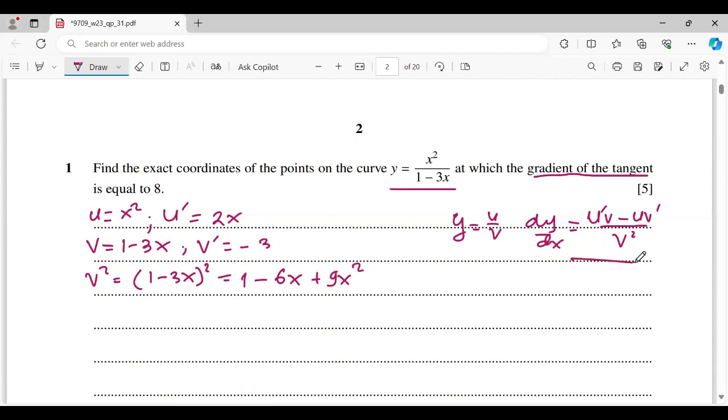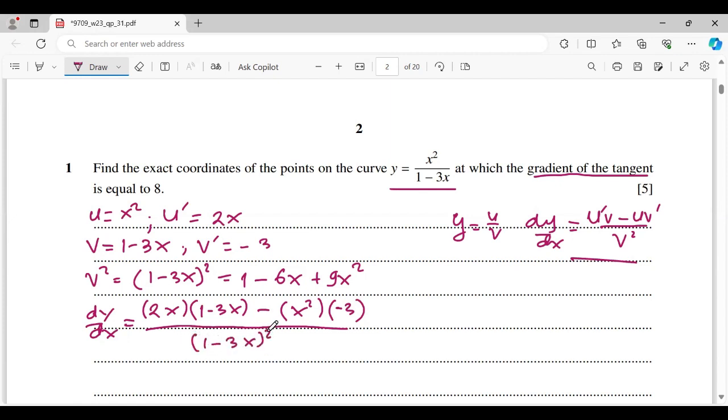So based on this rule, dy/dx equals 2x times v, 1 minus 3x, minus u, x squared, times derivative v, minus 3, over v squared, over 1 minus 3x squared.